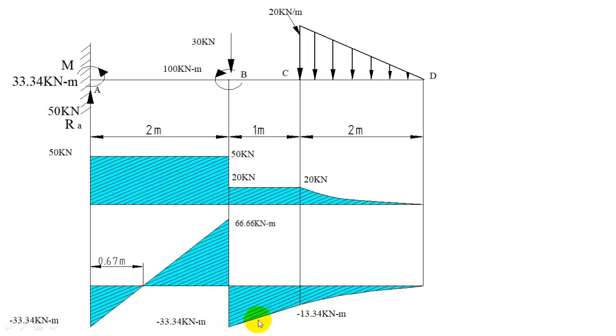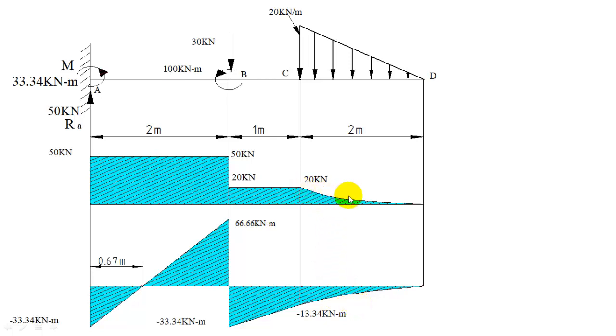So this part there will be a straight line, and again from minus 13.34 at D you have bending moment 0. So the variation is going to be cubic variation, a curve with a concave side down. So always bending moment curve, whether it is a parabolic variation or cubic variation, the concave side will be down.